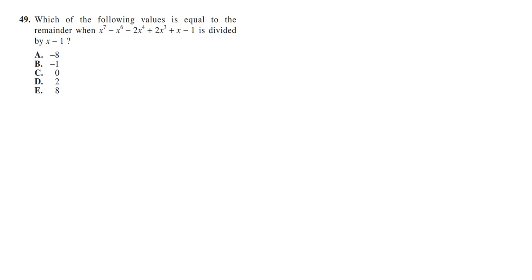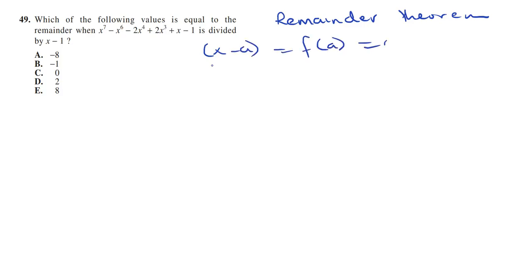Which of the following values is equal to the remainder? All right. So when you have this, this is what we call the remainder theorem. It says here generally that if a function can be divided by x minus a, then f of a is 0.